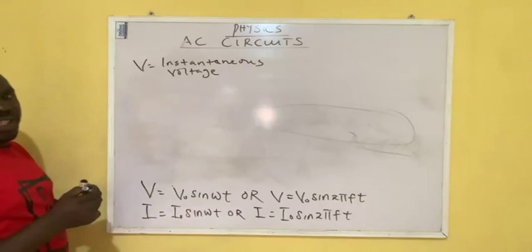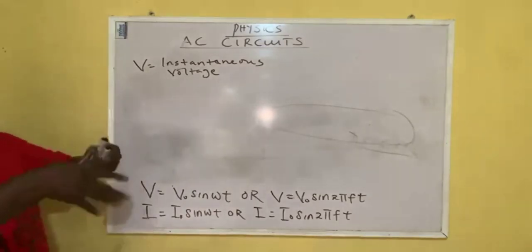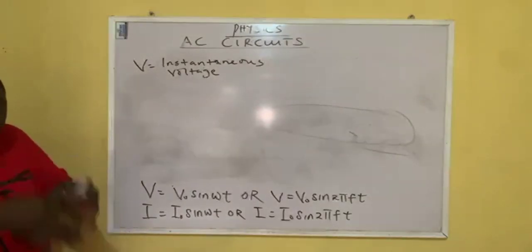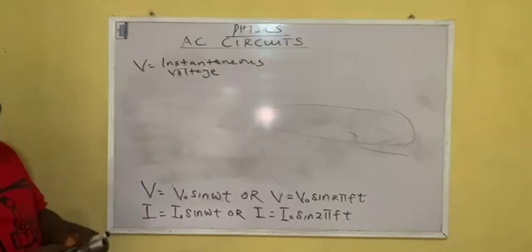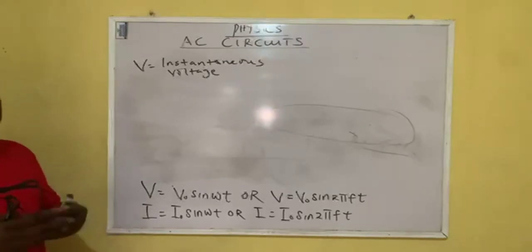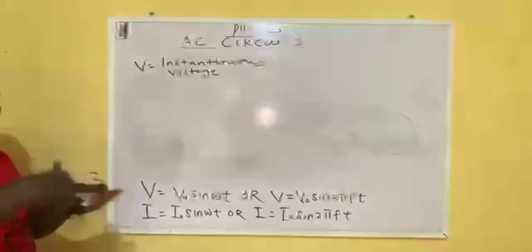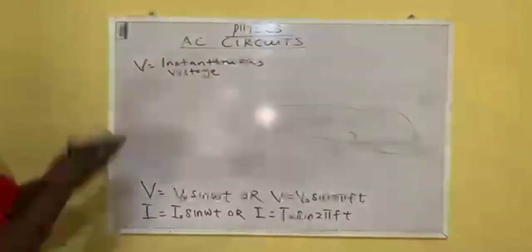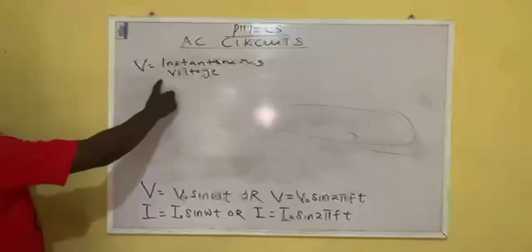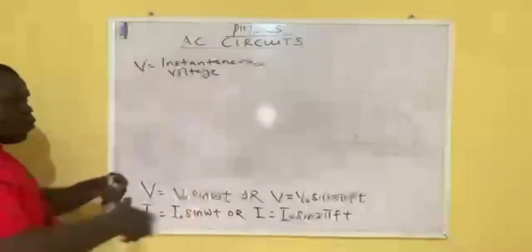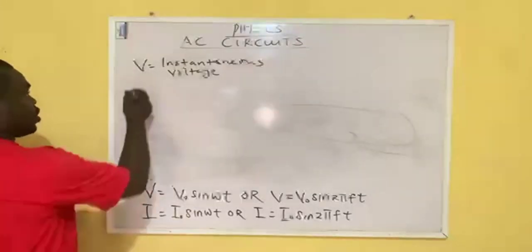What do we mean by instantaneous voltage? We mean the voltage at that instant of time. In calculus, we have what we call limits at that particular instant of time. So that's what we mean when we say instantaneous voltage: the voltage at that instant of time.